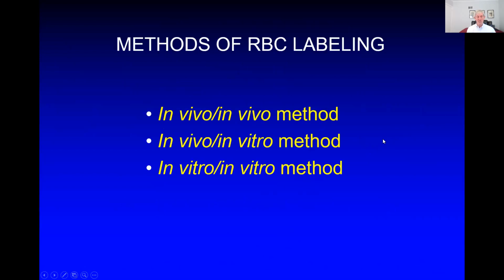Okay, good. Now, we want to take a look at red cell labeling, and there are 3 generalized methods. You're probably familiar with 2 of them, would be my guess. The in vivo method is the one that we use on MUGAs predominantly, where we inject cold PYP.